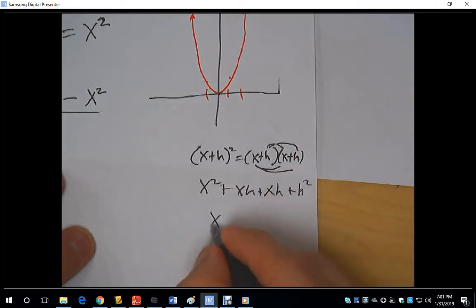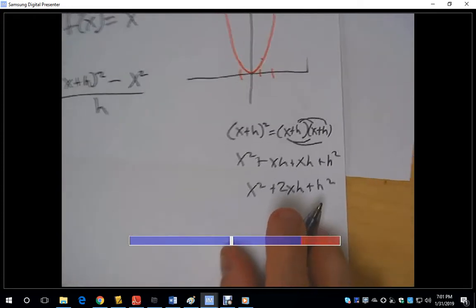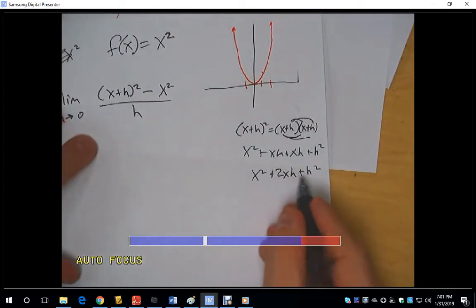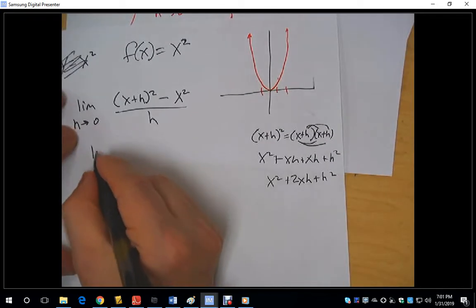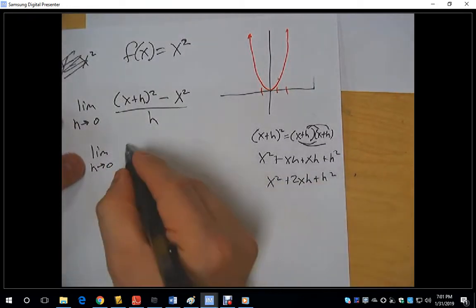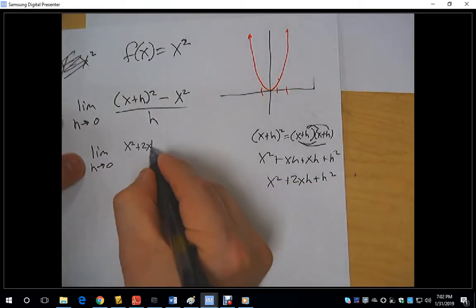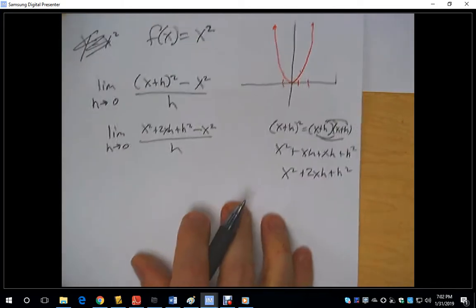Combine like terms, that gives me x squared plus 2xh plus h squared. I'm going to substitute the expanded form in for this factored form here. So I have the limit as h approaches 0 of x squared plus 2xh plus h squared minus x squared over h.